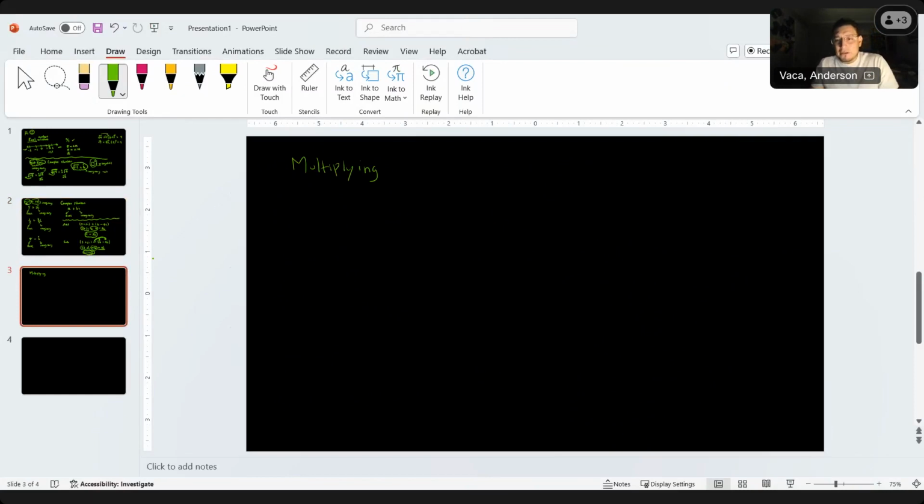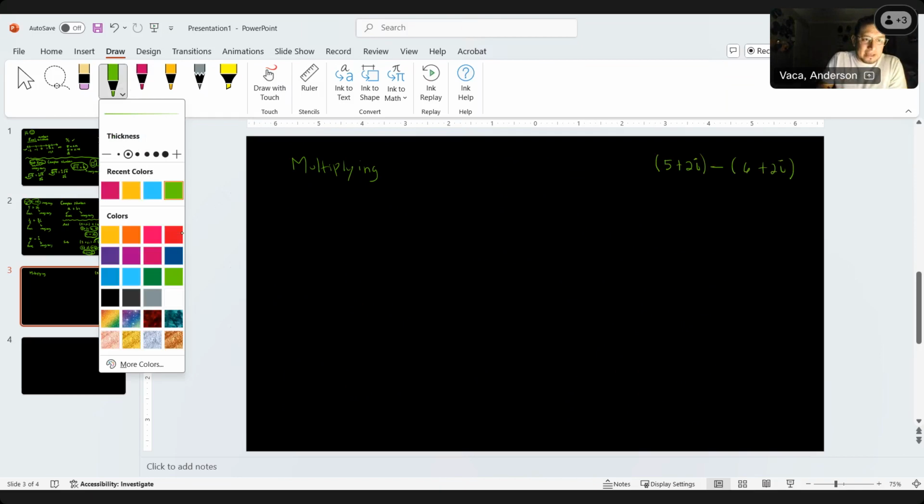But let me show you. We're not going to find something like this though, okay? When they're asking us to subtract, it's going to be in this form. Let me just rewrite this again. 5 plus 2i, and then you're going to see minus, and then in parentheses the other complex number. So it will not be like the other form.